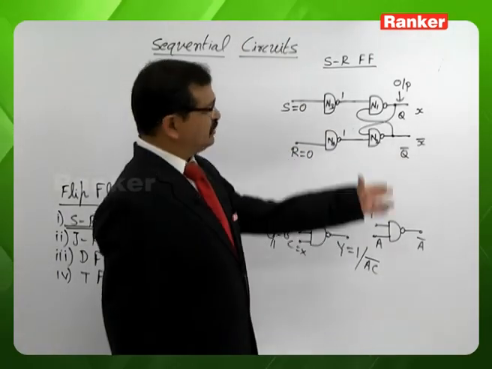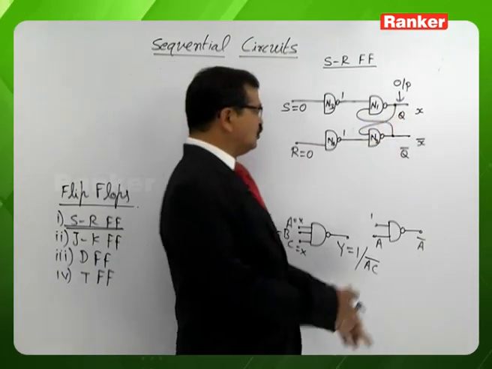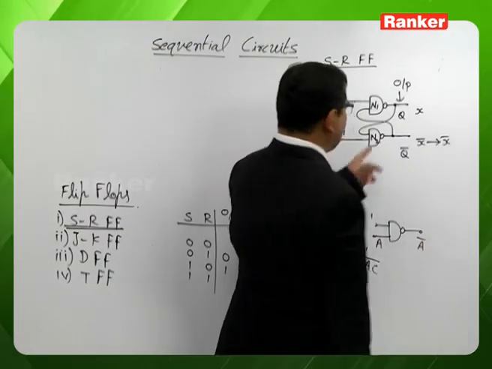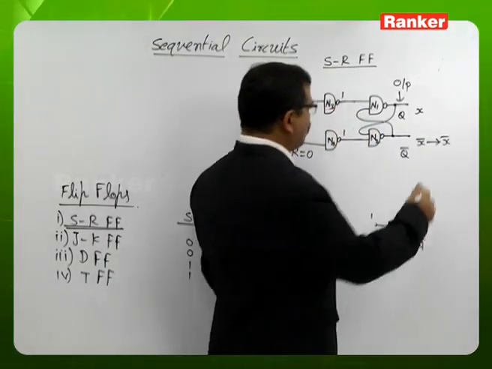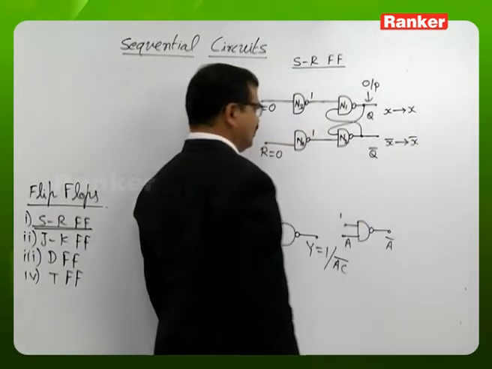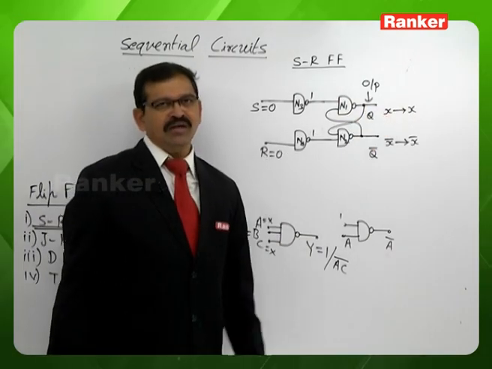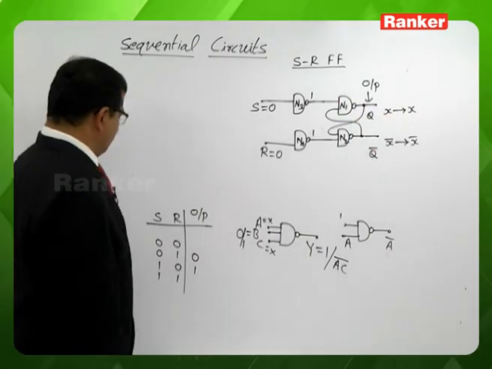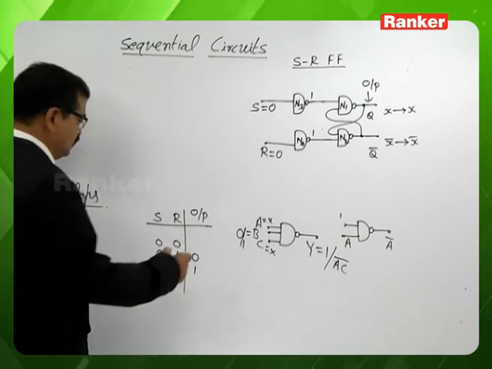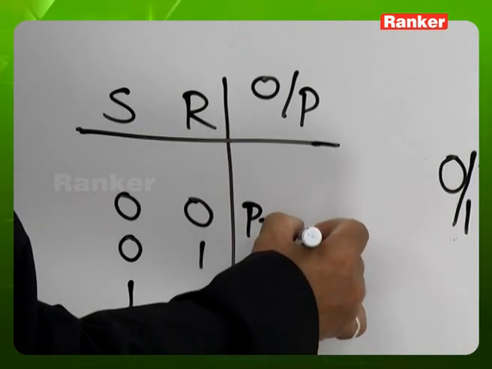So the second input of gate N2 is X, so N2 will continue the same X complement. The other input of gate N1 is X complement, so N1 will continue the same X. In other words, the previous output will continue. So whenever S is 0, R is 0, the output of this flip-flop is the same as the previous state.